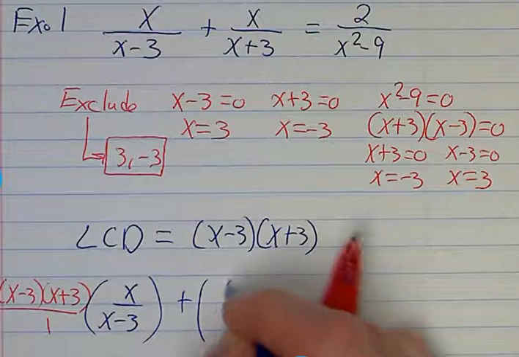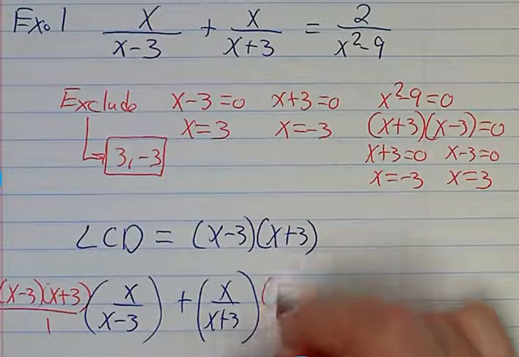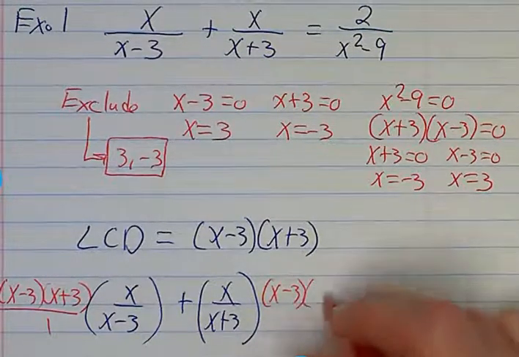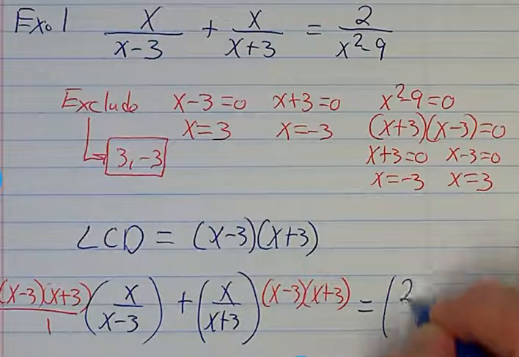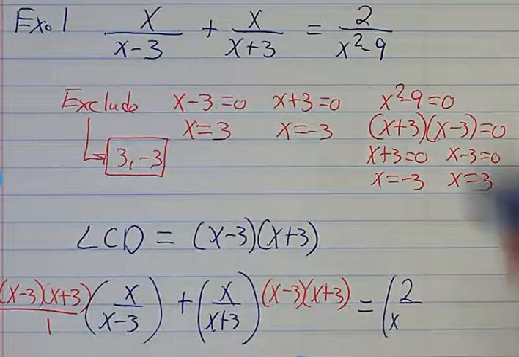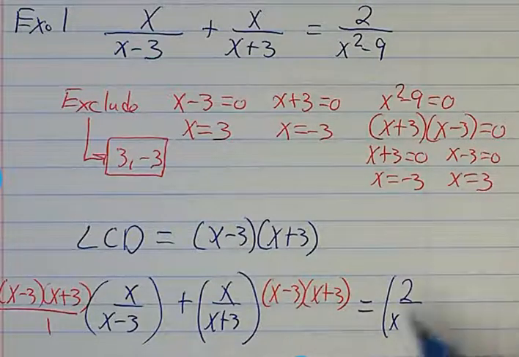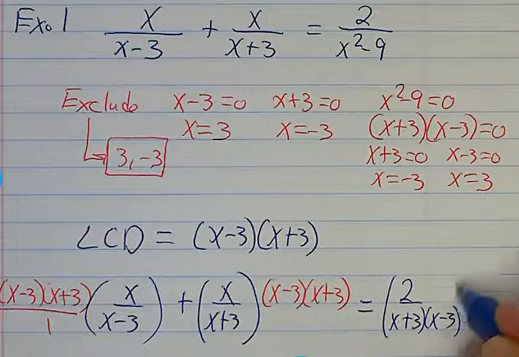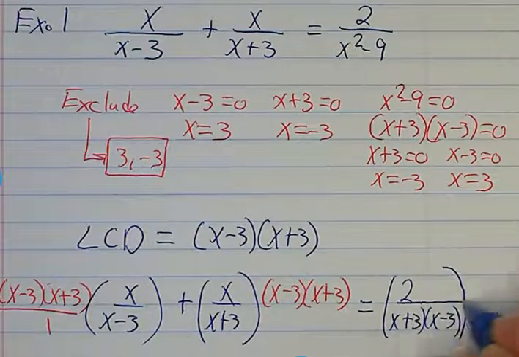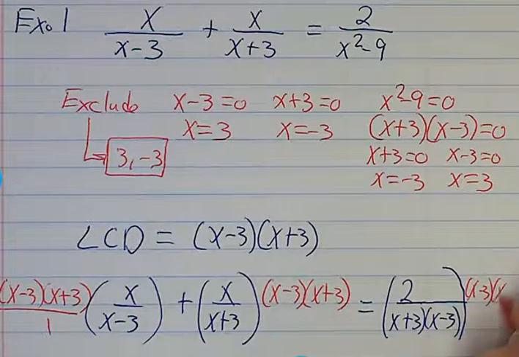Plus x over x plus 3 times our least common denominator. Now, even though that's x squared minus 9, we factor that as x plus 3 and x minus 3. So when you write this one, let's write it as x plus 3 and x minus 3. And then we've got to squeeze in that x minus 3 and that x plus 3.